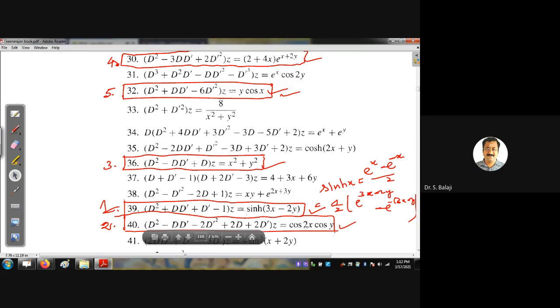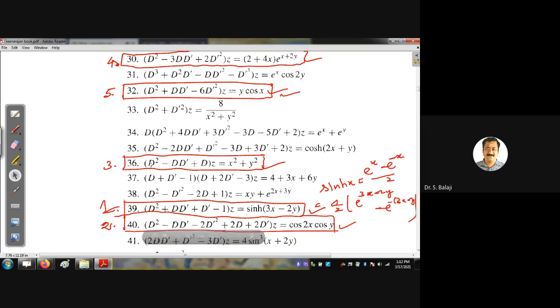So it is like a product of cosine functions, cos A cos B. Therefore, you can write it as 1 by 2 of [cos(A plus B) plus cos(A minus B)]. That manner you can proceed. Then you replace D square, D dash square with minus A square, minus AB, minus B square. But it will remain as it is here. You have to multiply by the conjugate.